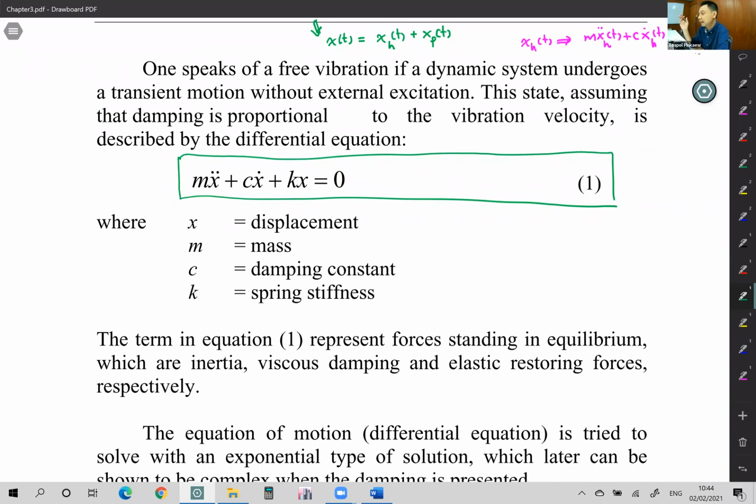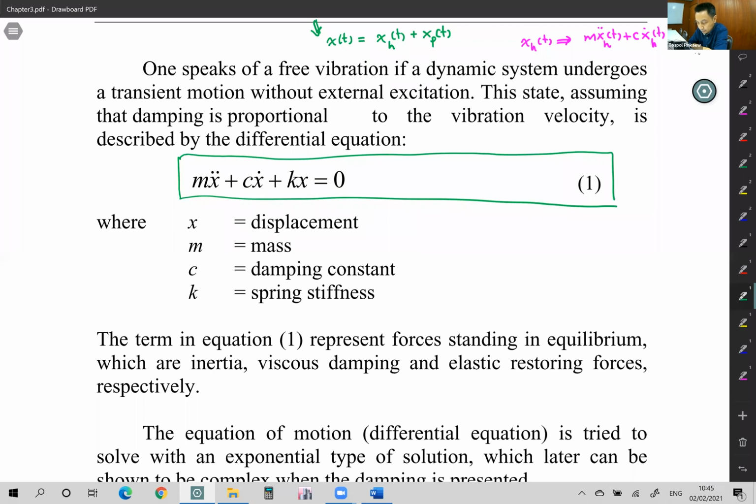Similarly, if I apply an initial displacement, at time t equal to 0 move the top of the building 1 meter away and then release, it will move back and forth like this. This is the same phenomenon, a free vibration.